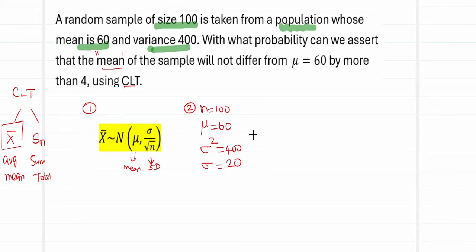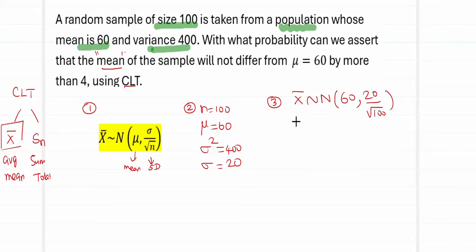So my step 2 is over. Step 3 is fixing the data in formula number 1. So X bar follows a normal distribution with mu, which is 60, comma, sigma by square root of n, which is 20 divided by the square root of 100.